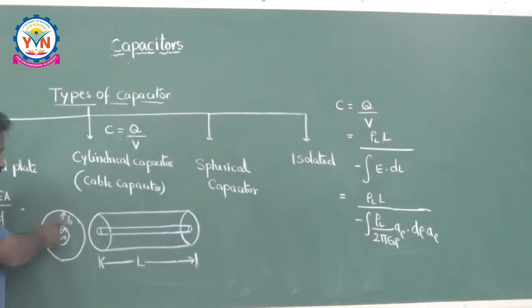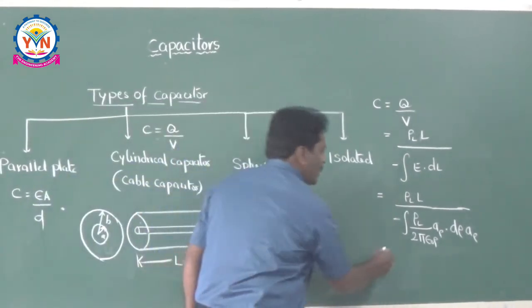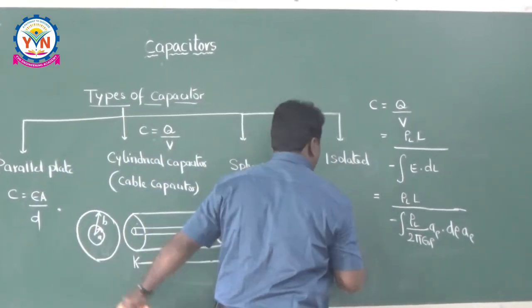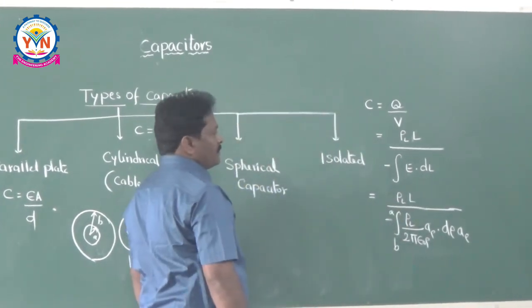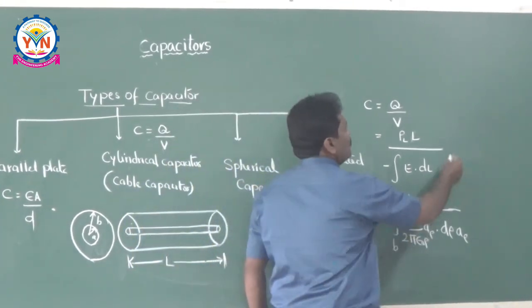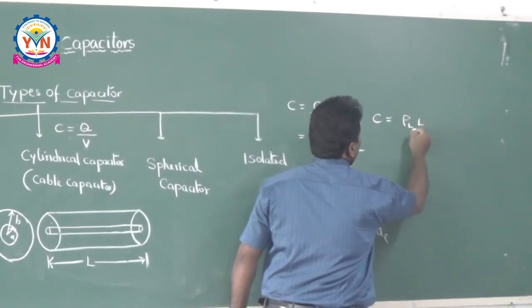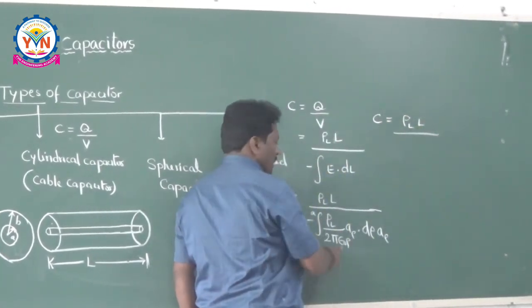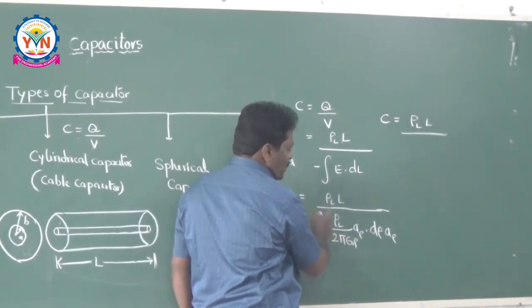What is the initial value? B to A. So outer radius to inner radius. So B is nearer to this, B to A like this. Then C is equal to rho L into L divided by, rho hat dot rho hat becomes 1. Rho L by 2 pi epsilon naught is a constant.